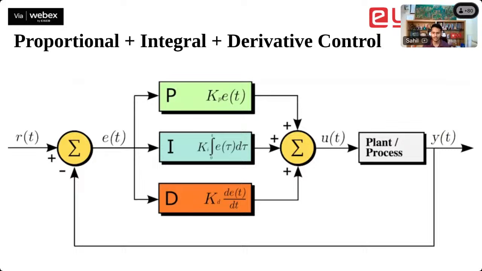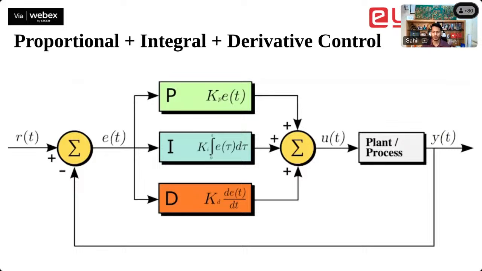P is the one that reacts to the current error. The larger the error, the larger the correction. In this, P is multiplied with its constant Kp to find an output. And in PD, Kd is multiplied with the derivative of the error with respect to time, dt.